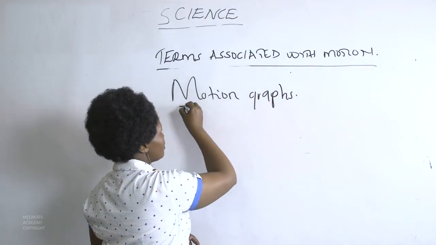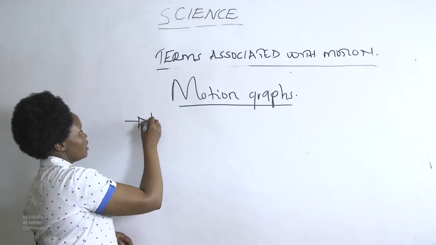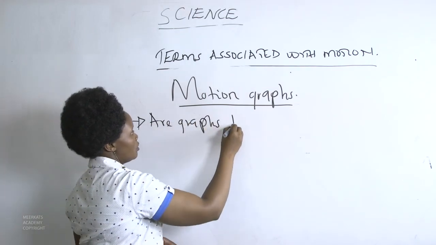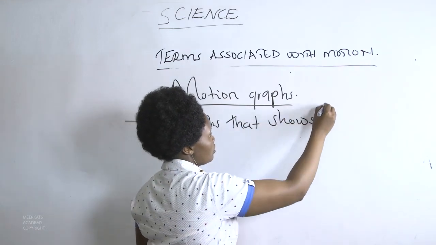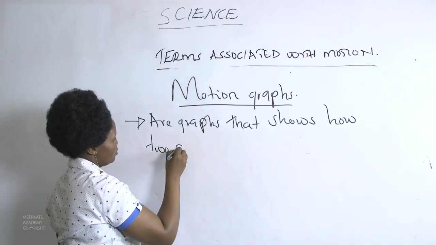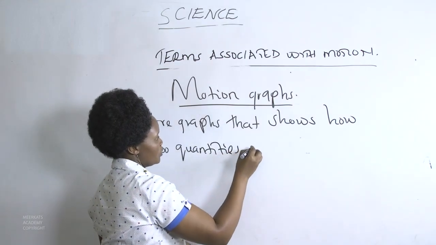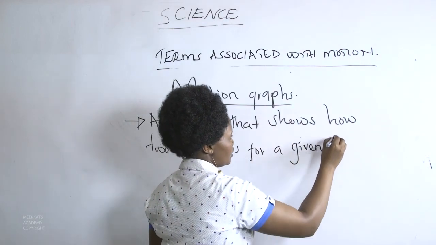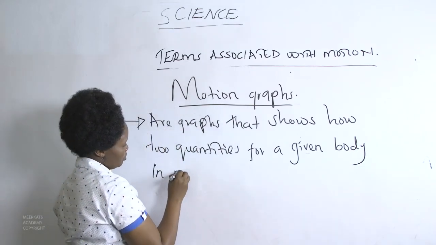Motion graphs basically are graphs that show how two quantities for a given body in motion compare.